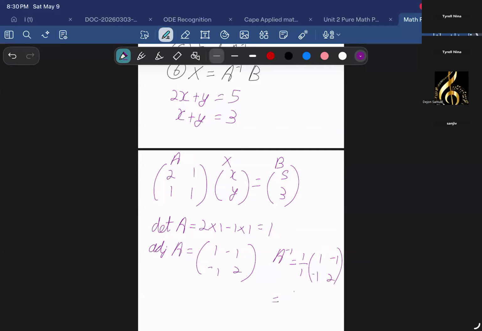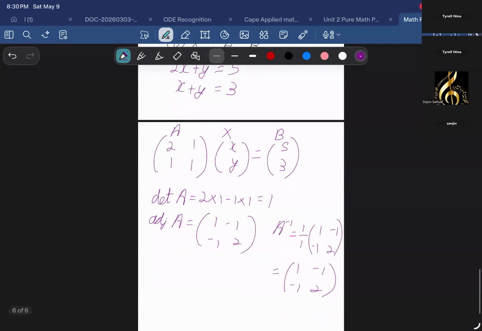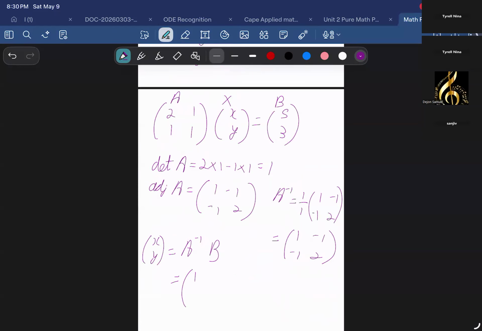Well, 1 by that is just 1, minus 1, minus 1, 2. So we know x, y is A inverse by B, which is 1, minus 1, minus 1, 2 by 5, 3.